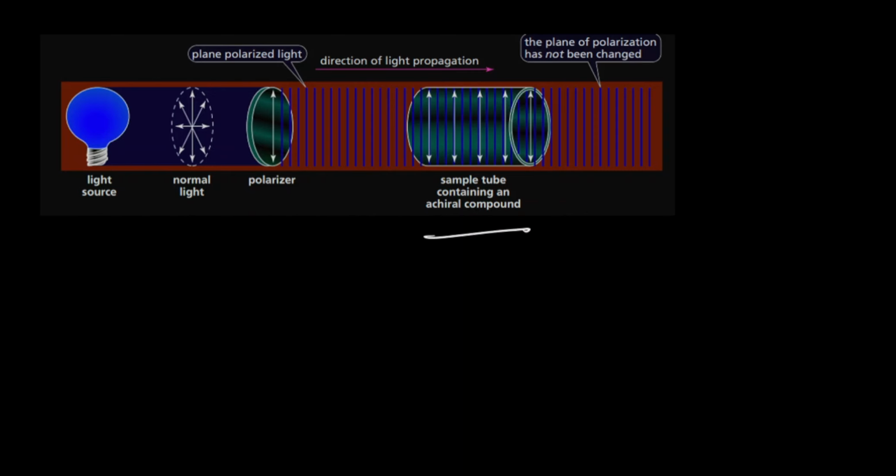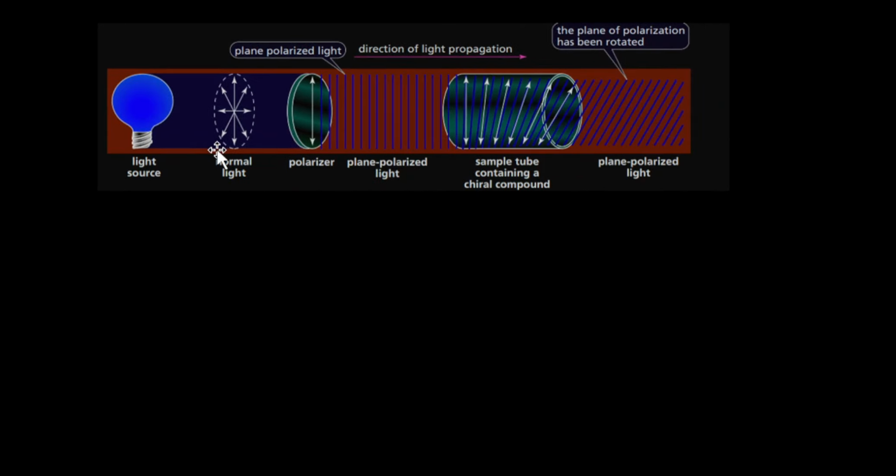Now this is very interesting. Let's take a look at this. As usual, we have our natural light source and our polarizer. It polarizes the light, and so here we have plane polarized light. This plane polarized light passes through a sample tube that contains chiral compounds.